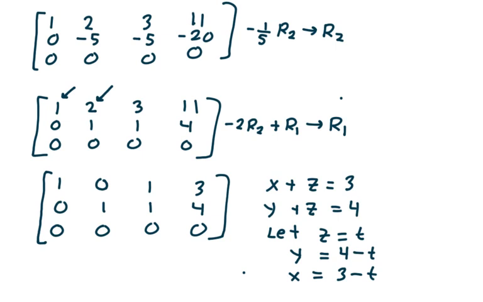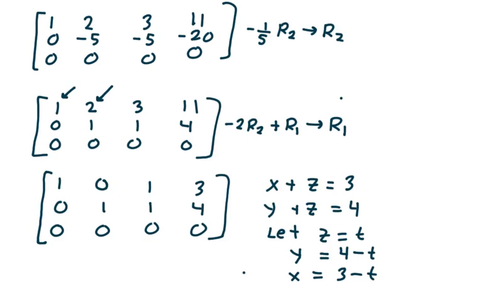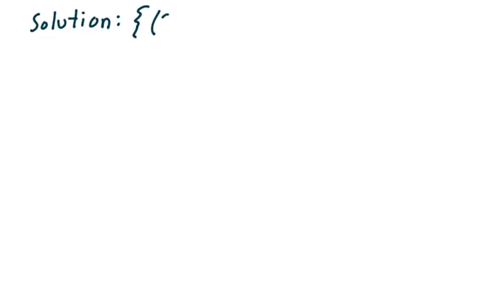The solution here is going to be the following. Remember, x is 3 minus t, y is 4 minus t, and z is t. And that's how we do problem number 1.